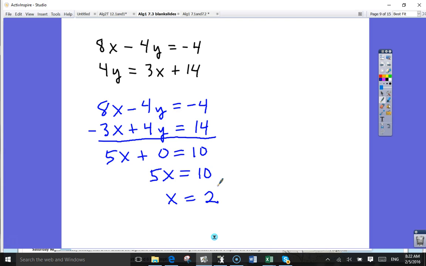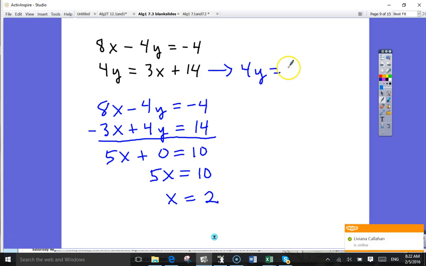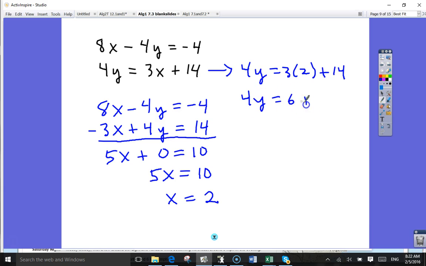So how about I'll come up to, it doesn't matter, I think I'll go here. 4y equals 3 times 2 plus 14. 4y equals 6 plus 14.